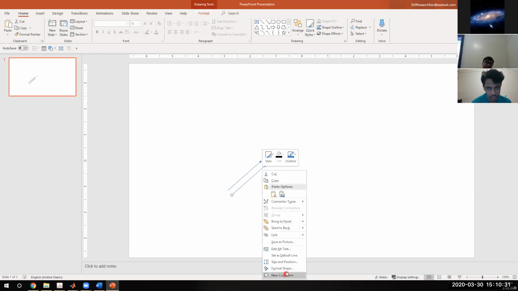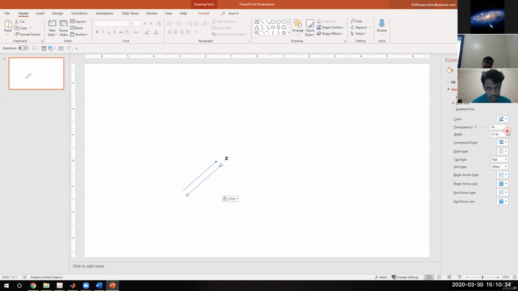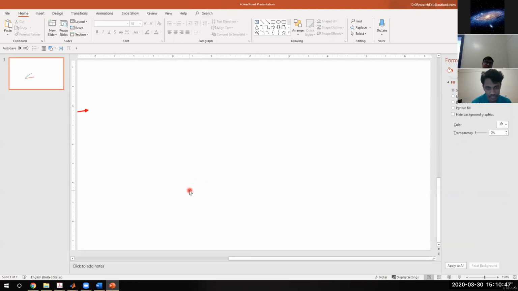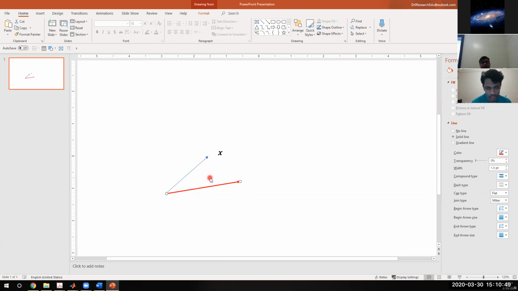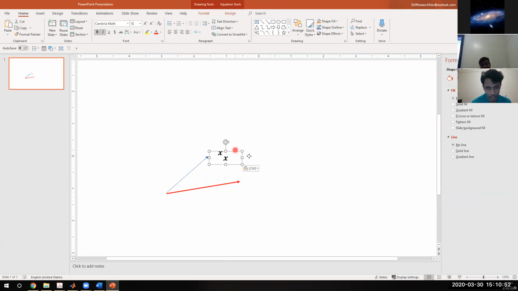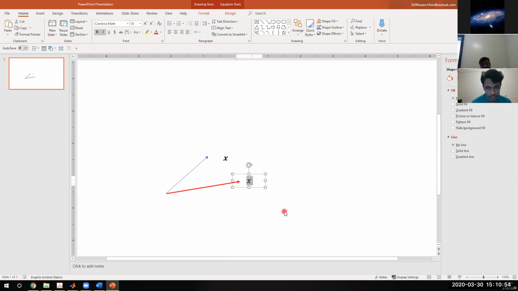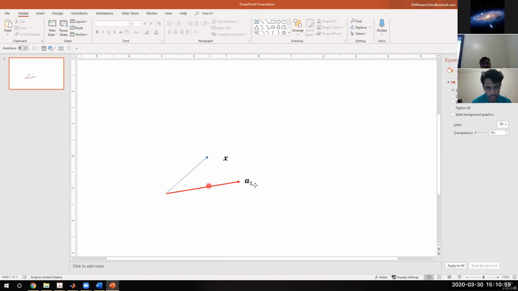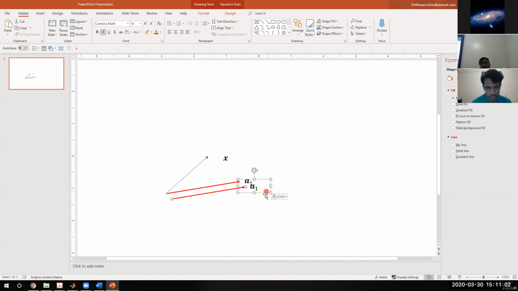So this is my coordinate system. For example, this one is called A1, and the second one is called A2, for example.